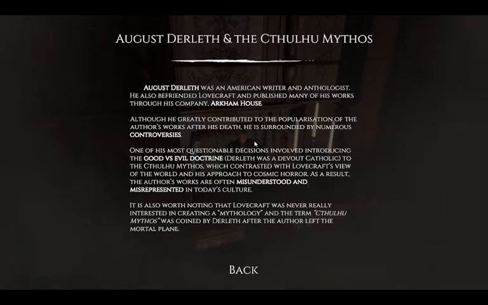One of his most questionable decisions involved introducing the good versus evil doctrine, Derleth was a devout Catholic, to the Cthulhu mythos, which contrasted with Lovecraft's view of the world and his approach to cosmic horror. As a result, the author's works are often misunderstood and misinterpreted in today's cultures. It is also worth noting that Lovecraft was never really interested in creating a mythology, and the term Cthulhu mythos was coined by Derleth after the author left the mortal plane.